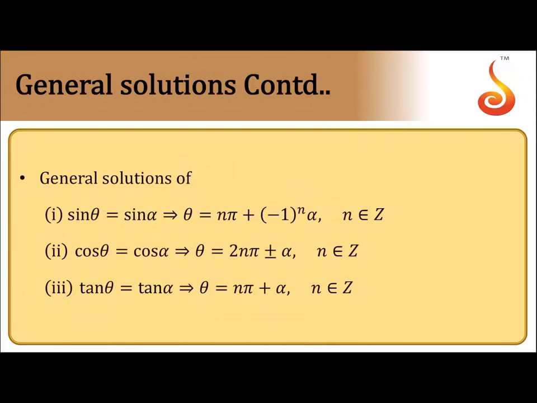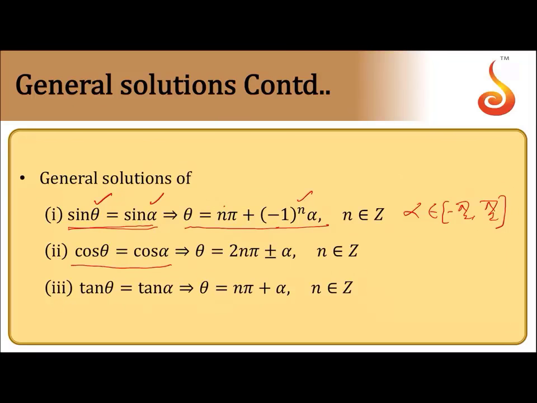Let's proceed. Now, the general solution of the equations: one is sin theta equals sin alpha. When sin theta is equal to sin alpha, the general solution is theta equals n pi plus minus 1 to the power of n multiplied by alpha, where alpha belongs to the interval minus pi by 2 to plus pi by 2.